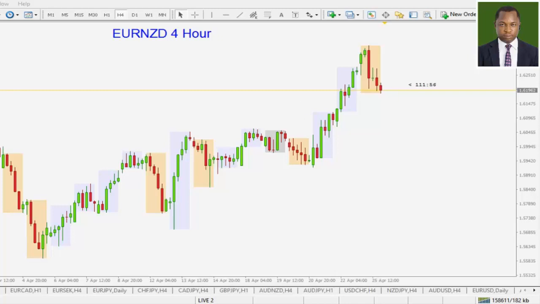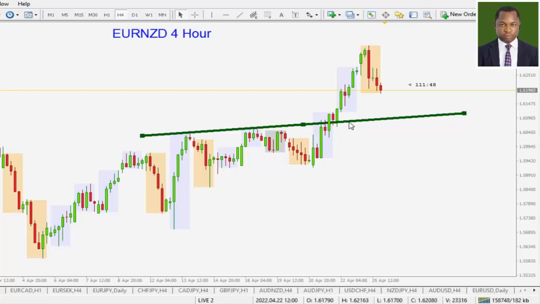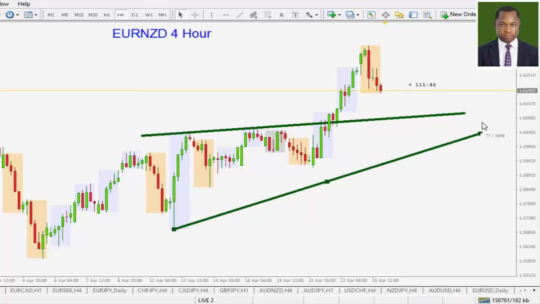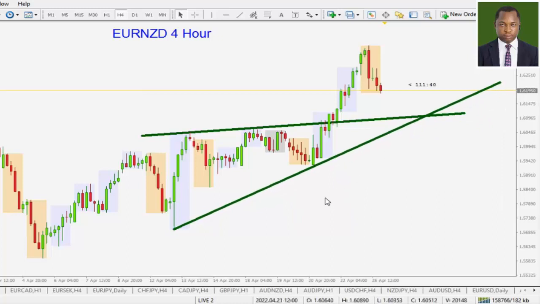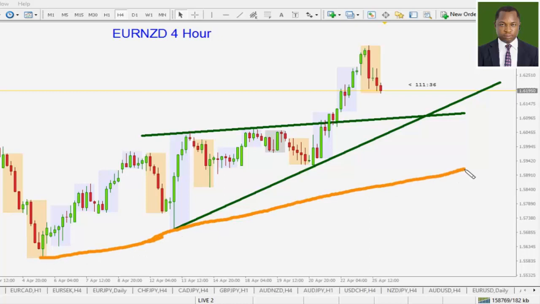If you want to be more accurate, you will want to maybe connect the highs. Connect those highs right here, then possibly connect this basic trend line. I'm not going to connect this one, that is sloping too much, so I'm just going to keep this one and this one here.